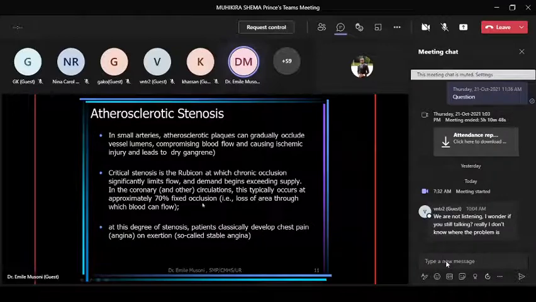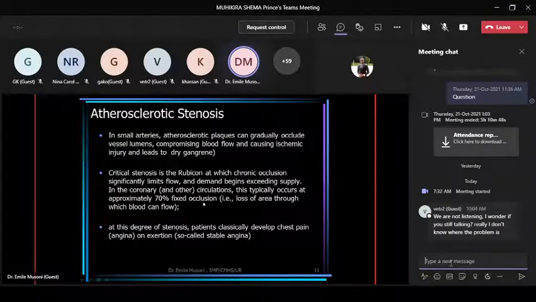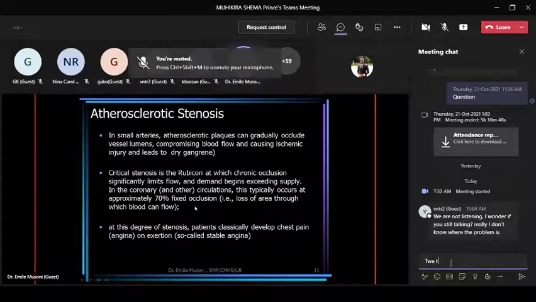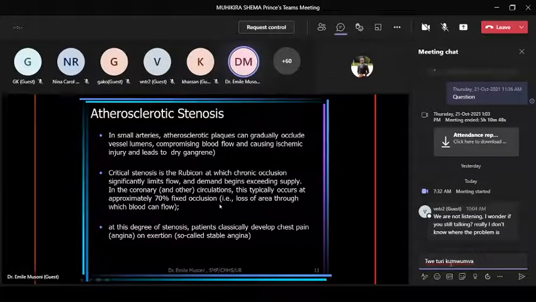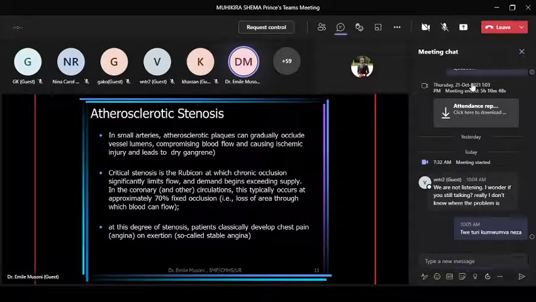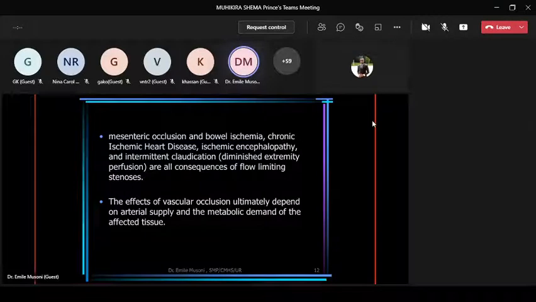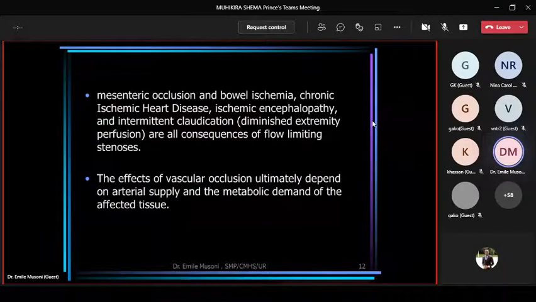This typically occurs at approximately 70% of fixed occlusion. When it is in the coronary artery, it is very, very dangerous. It can cause some cardiac disease. We are going to see them.